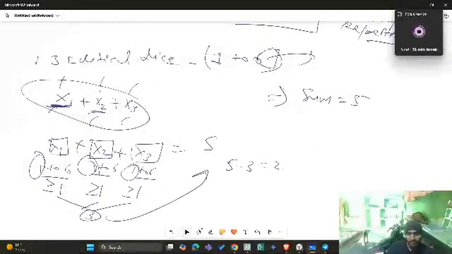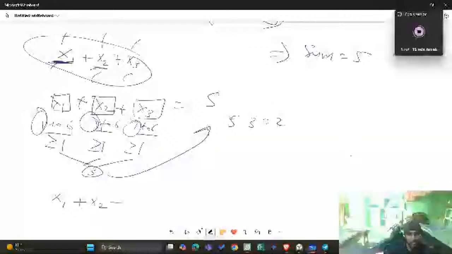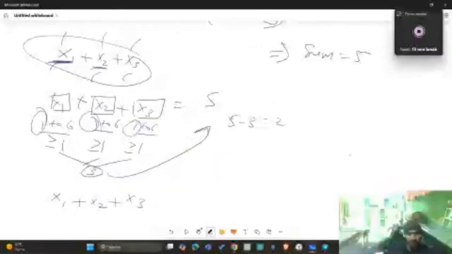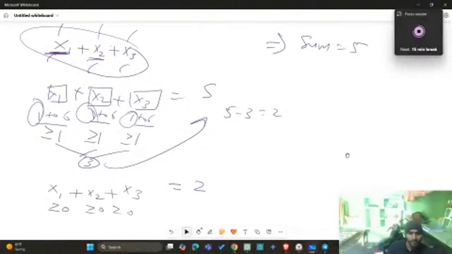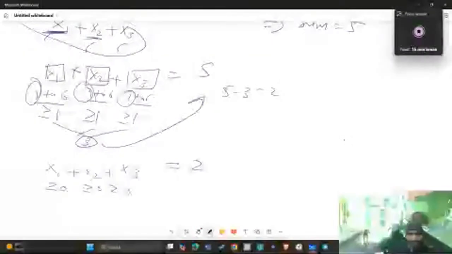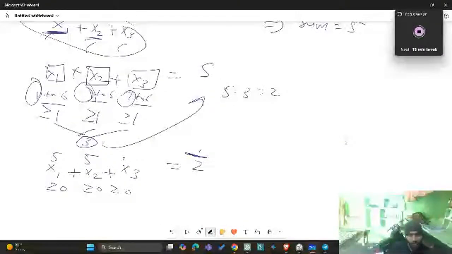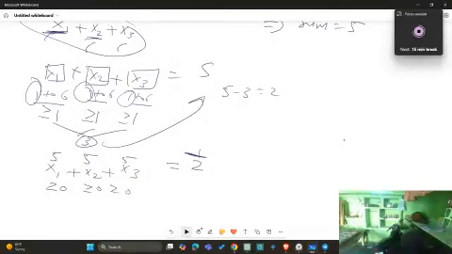So now x1, x2, x3 are each greater than or equal to 0, and the sum we require is now 2. What is the maximum value we can get now? We can't get 6 now; it is 0 to 2.